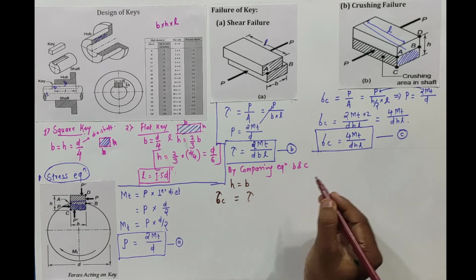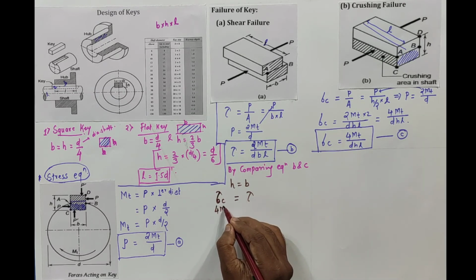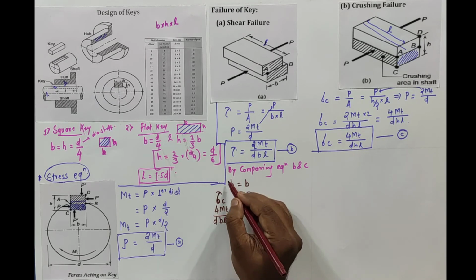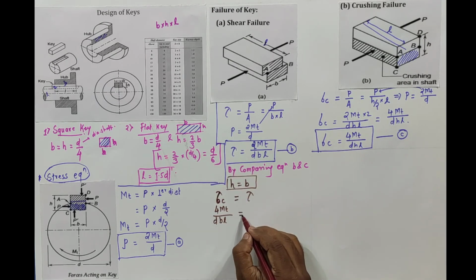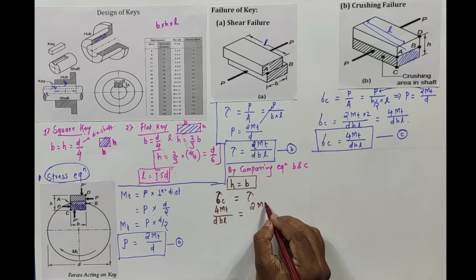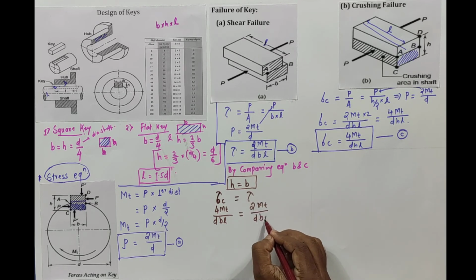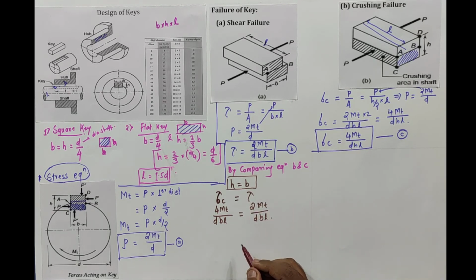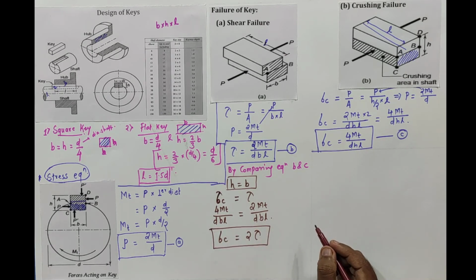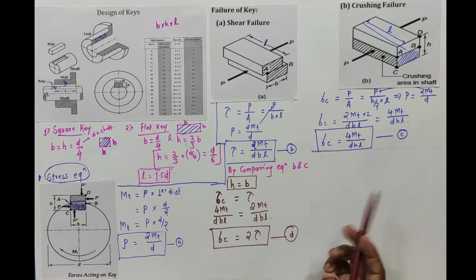Correct? So sigma c is 4mt by dBl, while tau is 2mt by dBl. So here I can say sigma c is twice of shear, that is, crushing failure stress is twice of shear failure stress. So likewise we can derive this, and this will be equation number 4.